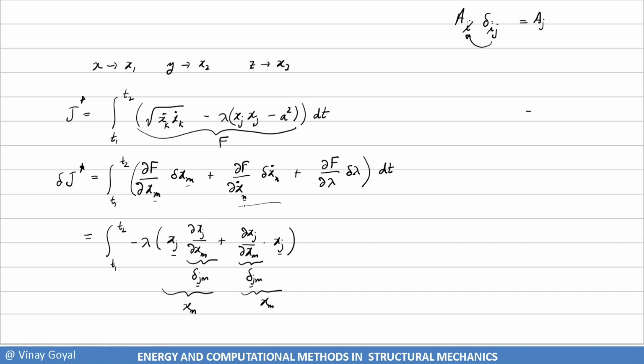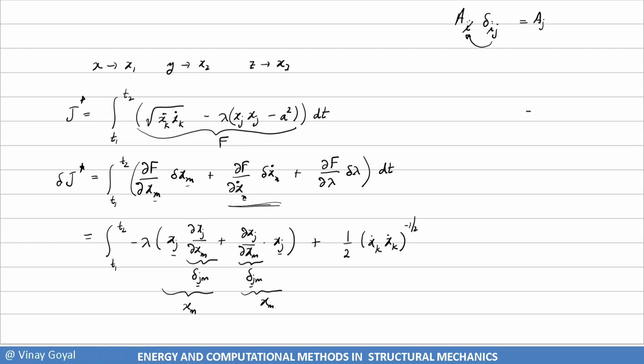So now I'm going to go with this term. And so you can see here quickly that I have a chain rule differentiation that needs to be taken care of. So I have plus, and then derivative is 1/2 xk dot to the minus 1/2.